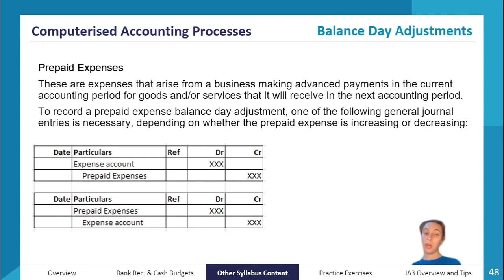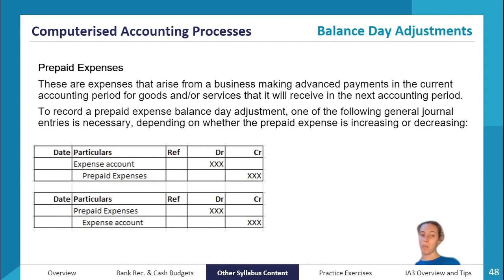So to record a prepaid expense balance day adjustment, you can have one of two general journal entries. It depends on whether the prepaid expense is increasing or decreasing. So we've got in our first one there the expense account increasing and the prepaid expenses decreasing.